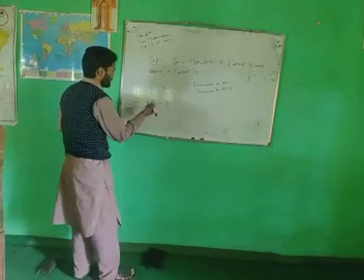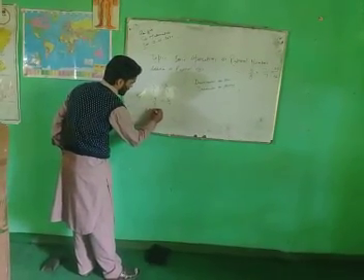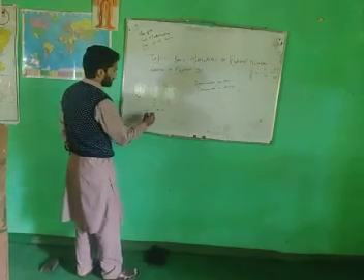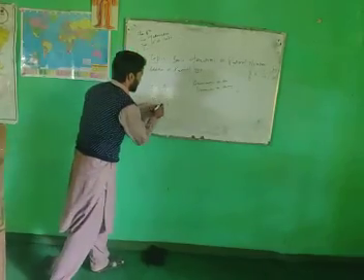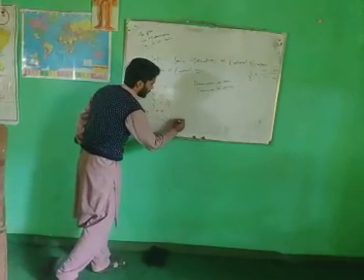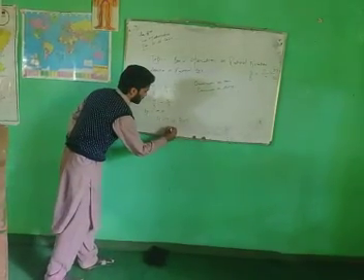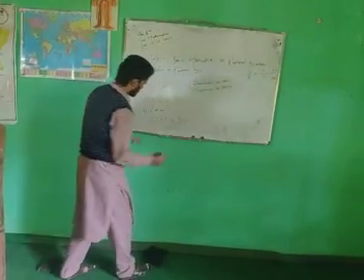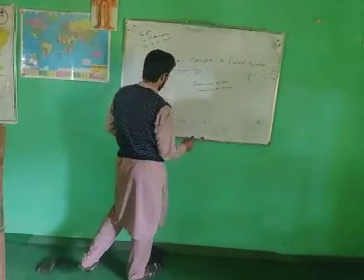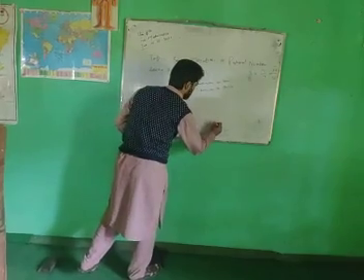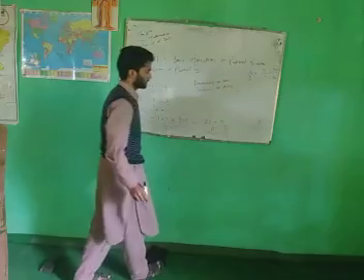Let us take the cross multiplication method. We will write minus 4 into 7, plus 5 into 3, divided by denominators 3 into 7. 4 7s are 28, it is minus 28 because plus minus is minus, plus 3 5s are 15 divided by 3 7s are 21.